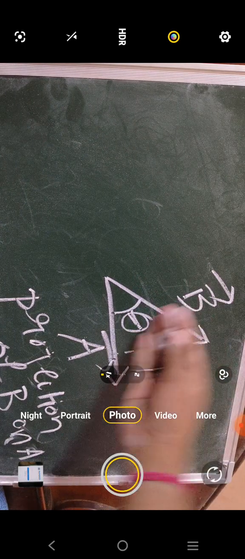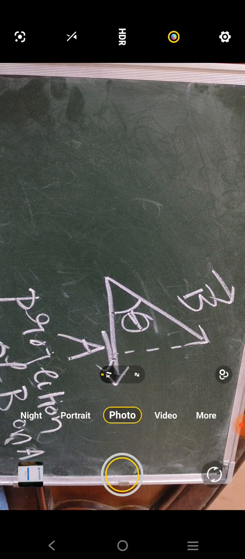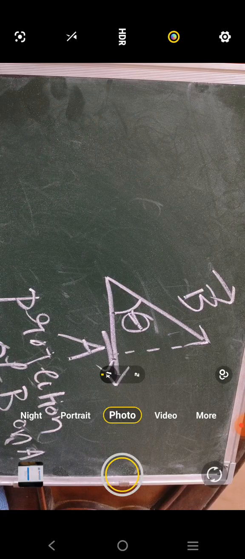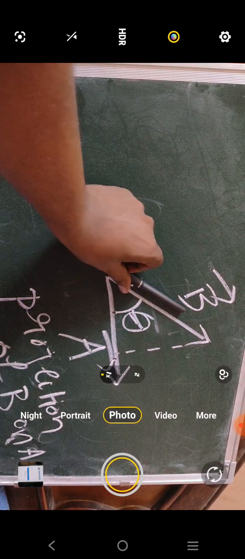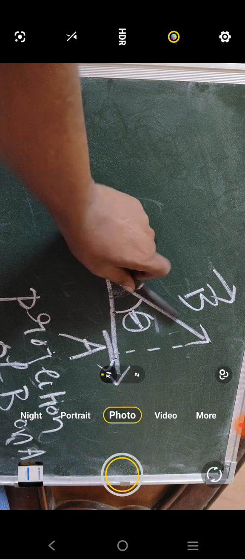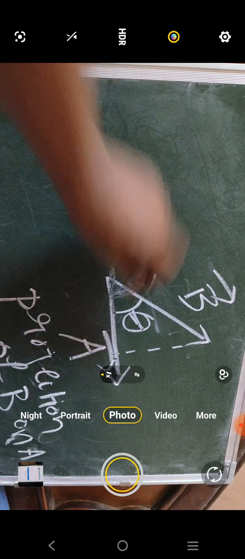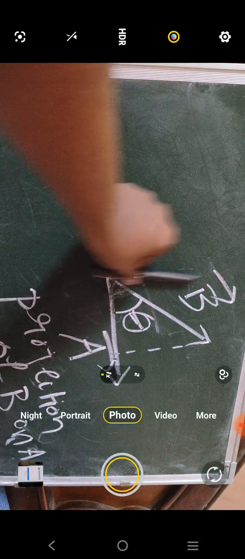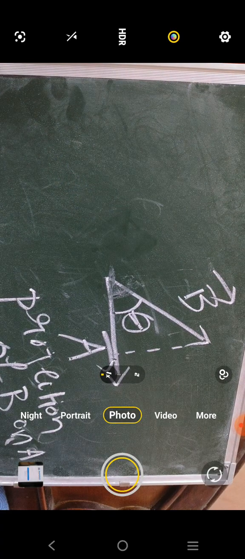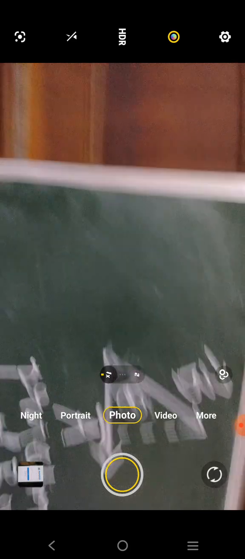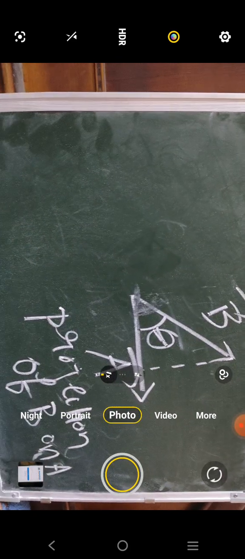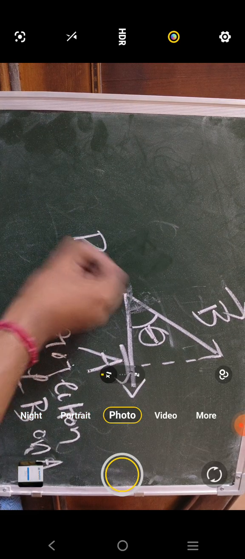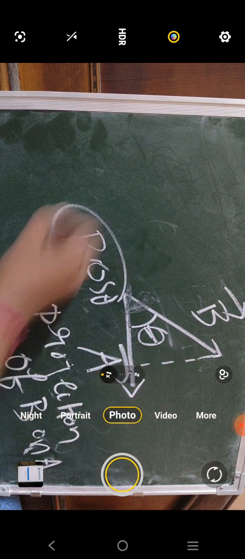Let me show you with another example. Suppose this pen is the B vector. It has one component along the A direction, and one component along the perpendicular direction. So the projection of the B vector on A, I can tell, is B cos theta.